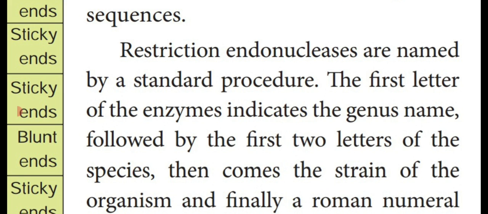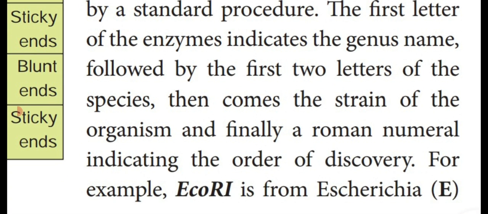How to write the restriction endonuclease names? It has a procedure. The first letter is in capital, denoting the genus name, followed by two small letters indicating the species name of the bacteria. Then the letter which denotes the strain of the bacteria.